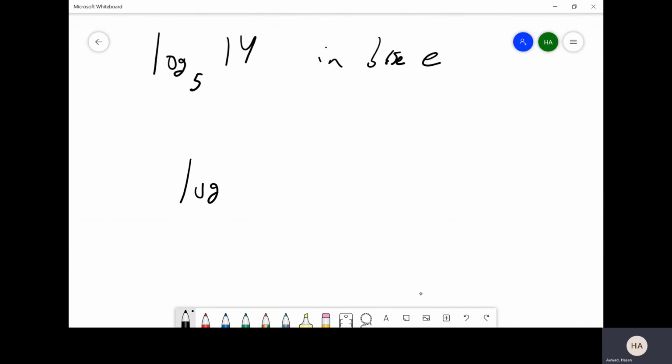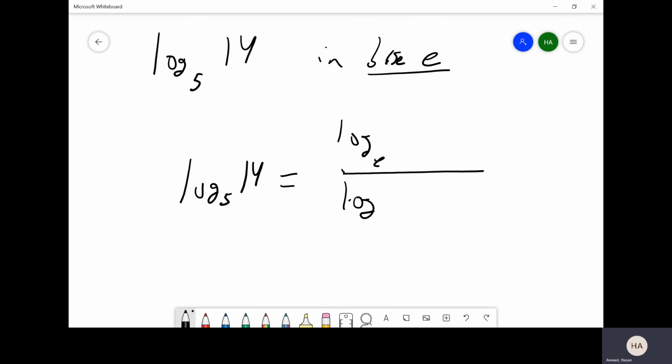Our original log is log base 5 on the value 14. We know it's going to be a division of two logarithms when we break this down into change of base. And now it says in base e, right? So this is log base e, log base e.